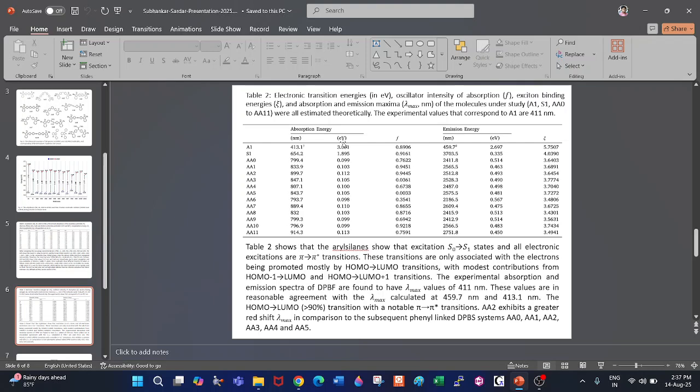These values are in reasonable agreement with the lambda max calculated at 459.7 nanometer and 413.1 nanometer. We have seen a 90% transition from the HOMO to LUMO, and they are pi to pi star transitions.